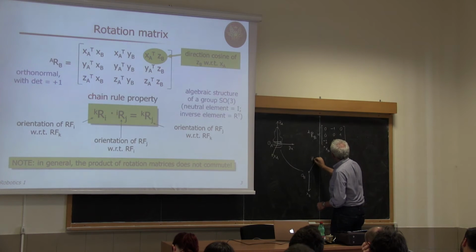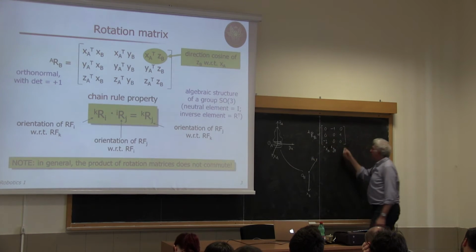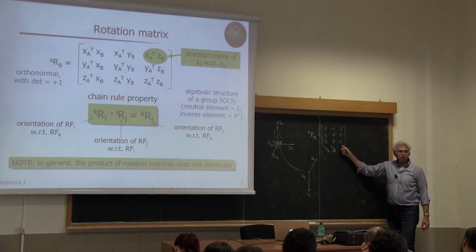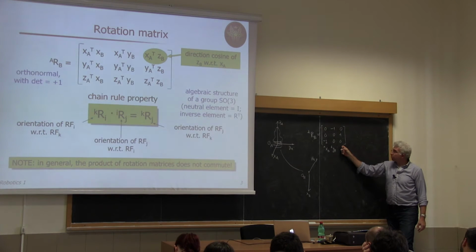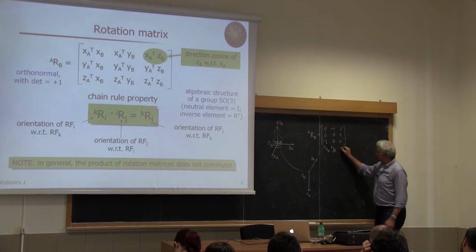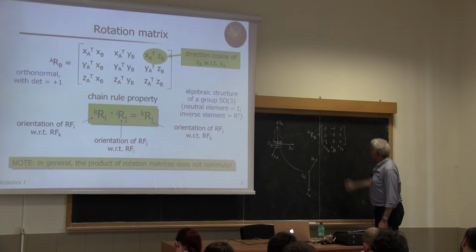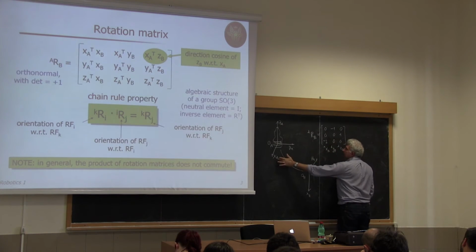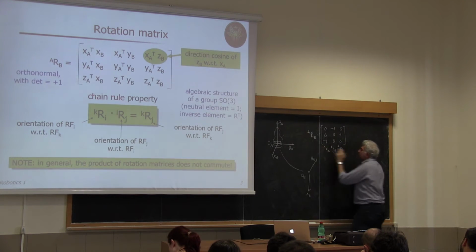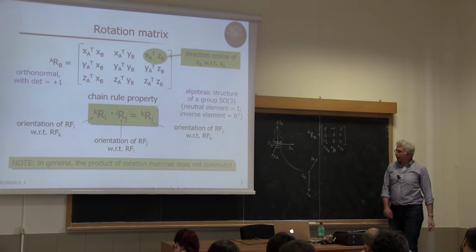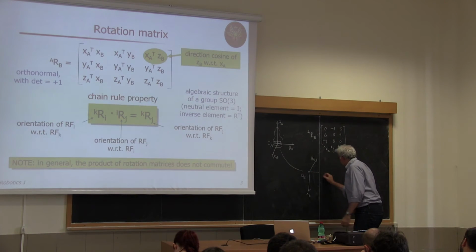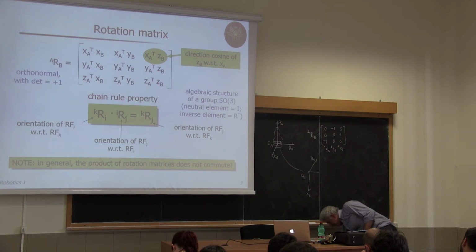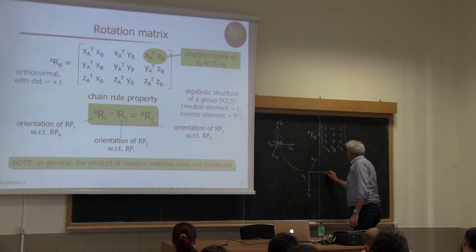So yb is here. And what is this? Is zb expressed with respect to A. So when I project it, it's orthogonal to xa, it's orthogonal to za, it's giving just the direction of ya. So it's oriented like this. So this is zb.